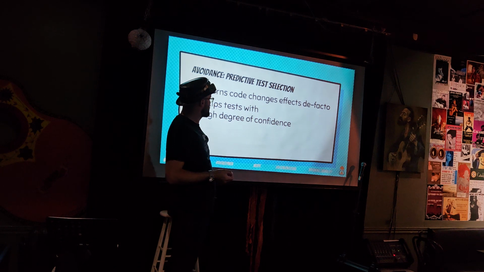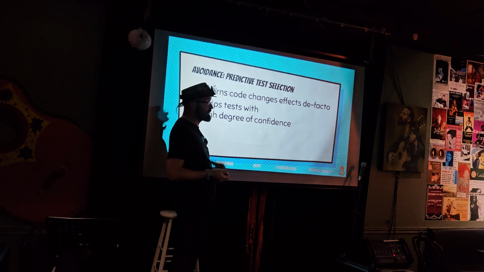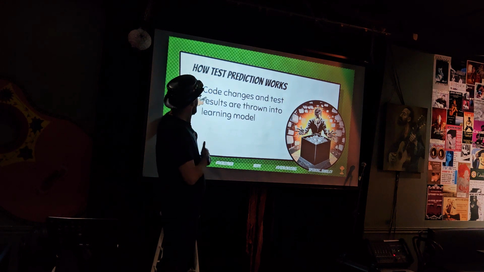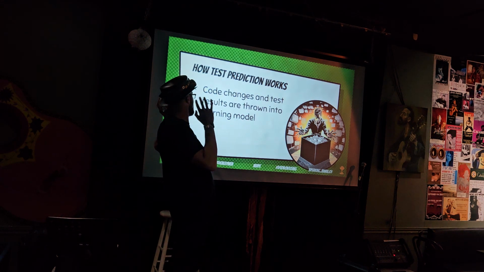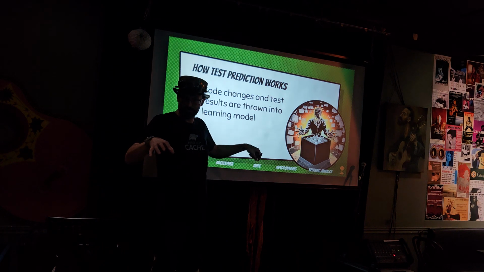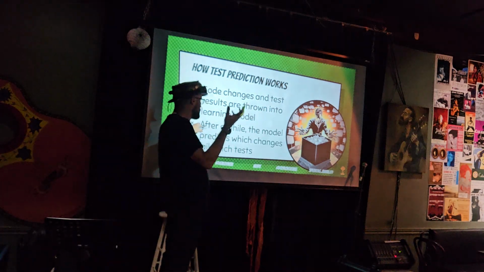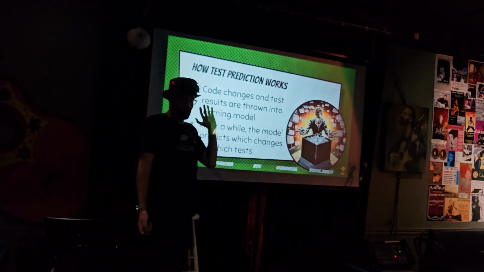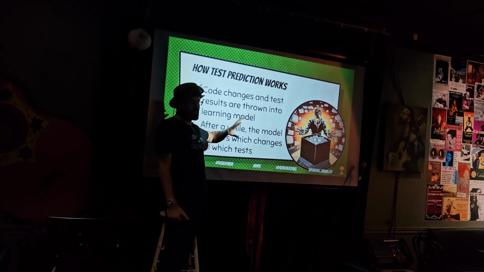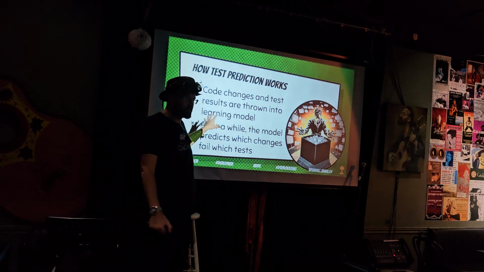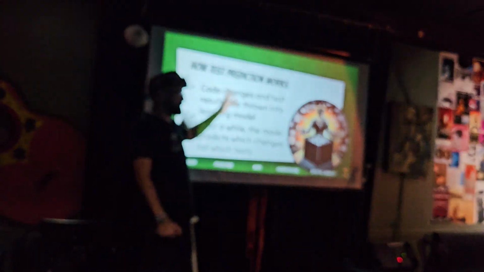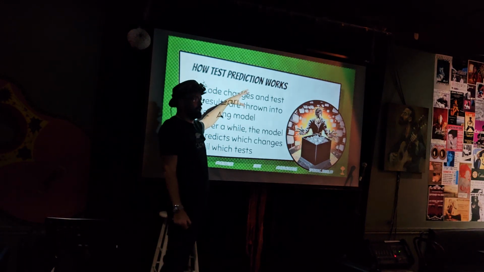It learns code changes' effect de facto, and skips tests with a high degree of confidence. The way it works, code changes and test results are thrown into the learning model, and then after a while the model predicts which changes fail which tests. It's a very successful paper that came out of what was then called Facebook research, now I guess Meta research.